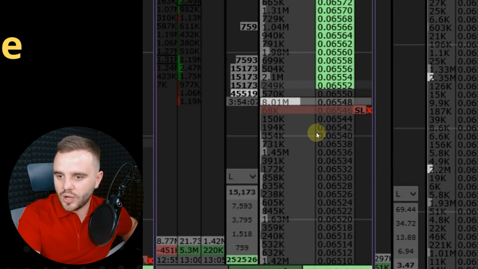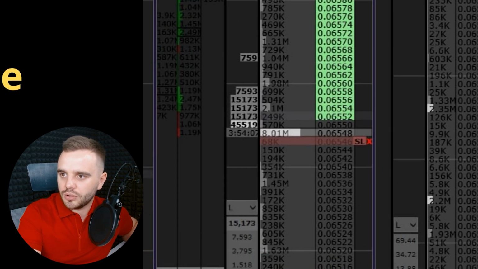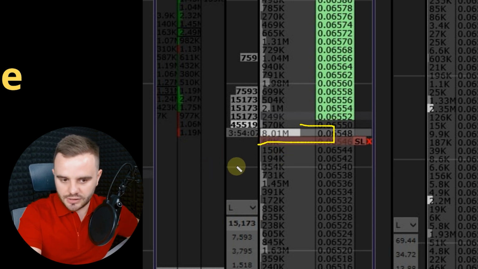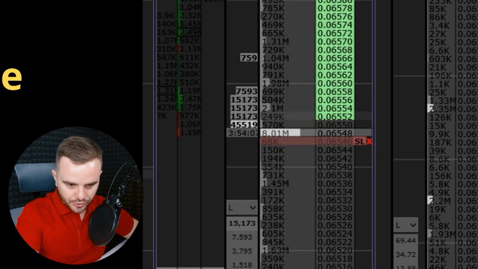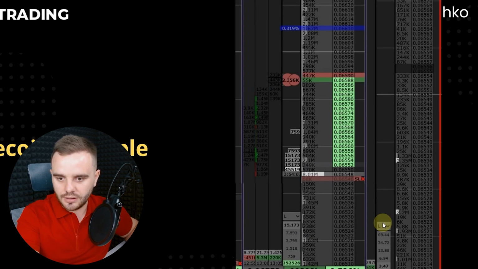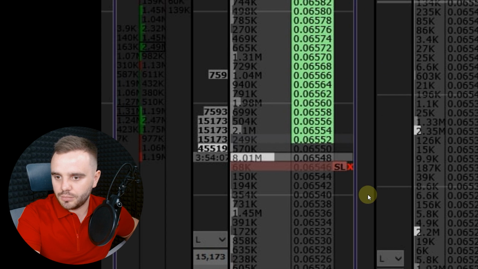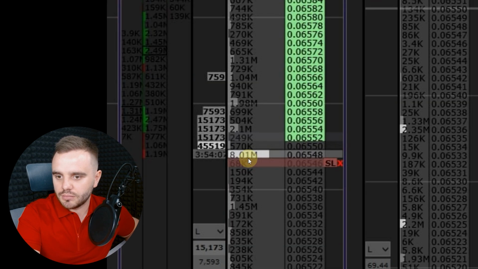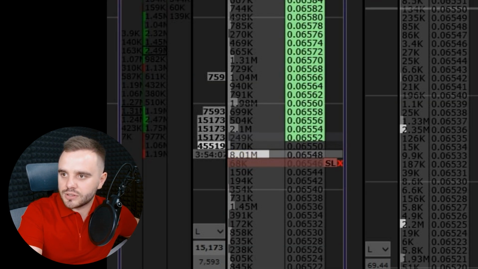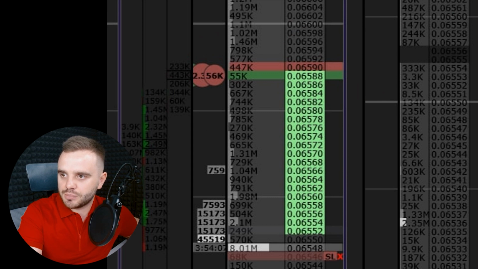You do it when in a DOM you see a big order. For example, like this one. It is a Dogecoin example. Pay attention. 8 million coins. What does it mean? This part is order flow.